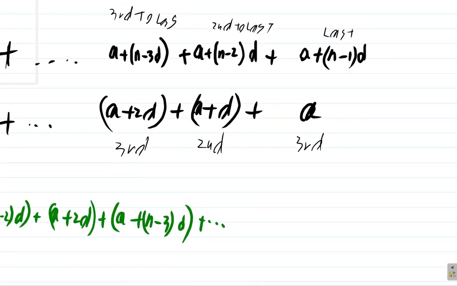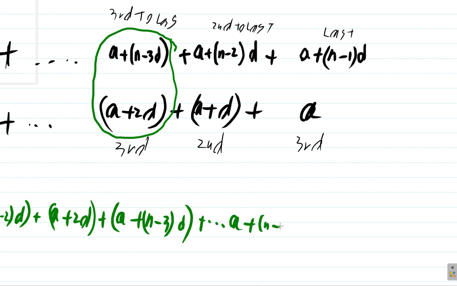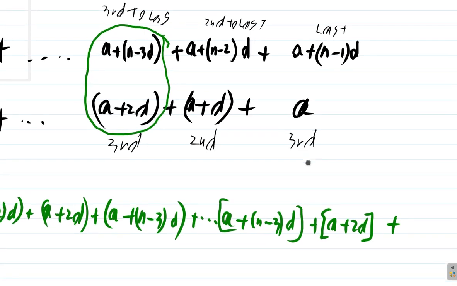All right. Now we add these two, the third to last term plus the third term. A plus n minus 3d, plus a plus 2d. Plus now. Plus what?